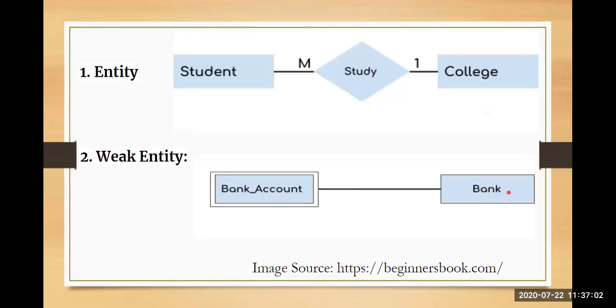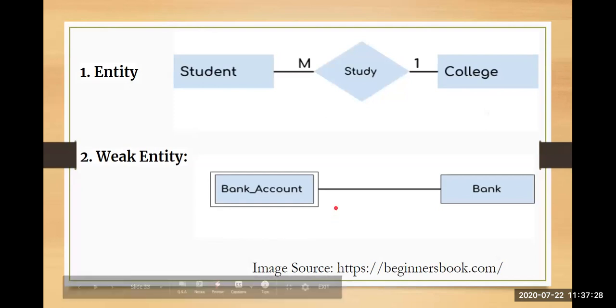When I talk about a strong entity, mostly it will be your primary key set of attributes that are considered strong, and all the tables or relationships are dependent on those primary key attributes, because if you don't have primary key attributes, you cannot uniquely identify your records. However, bank account is a weak entity because if there is no bank, there will be no bank account.